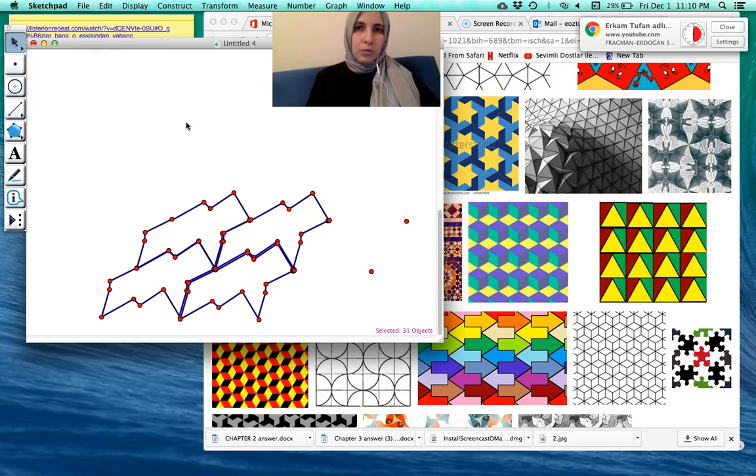I can't show the Escher tessellation there. I will just answer. I think a square was used when Escher started to create the tessellation. Question 34.